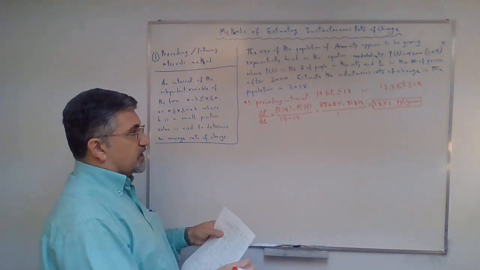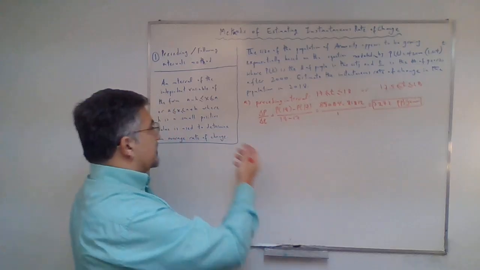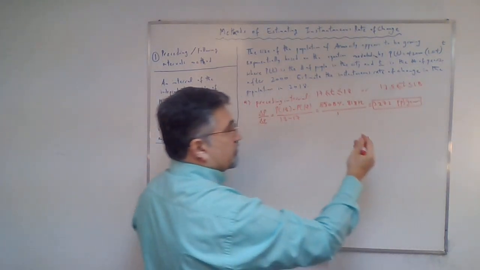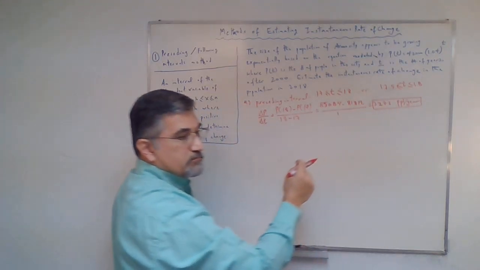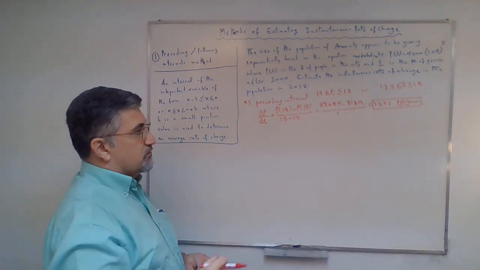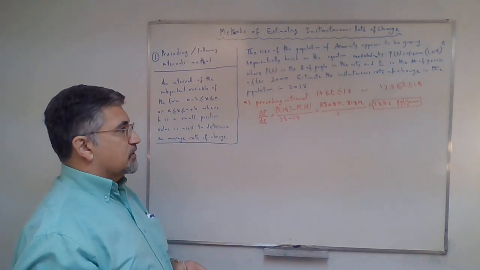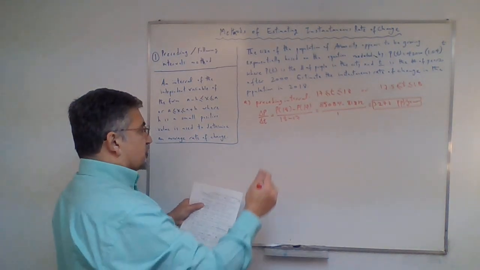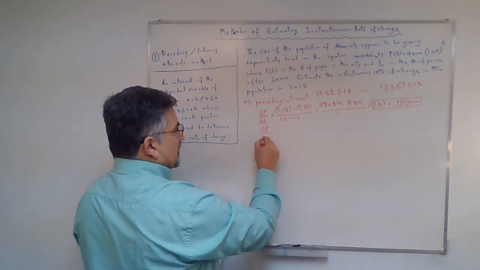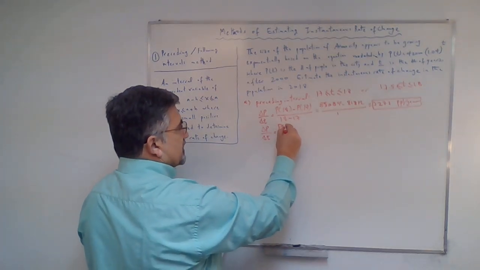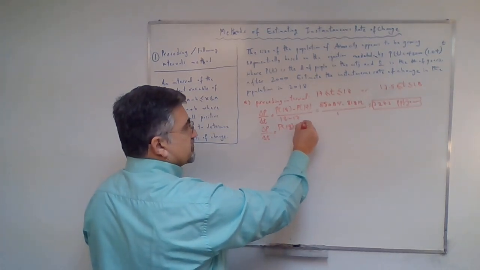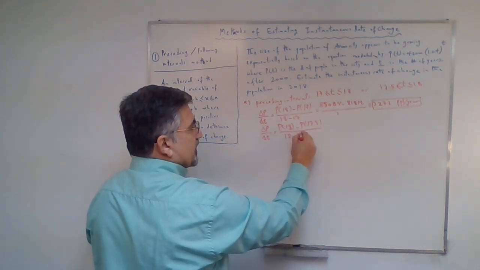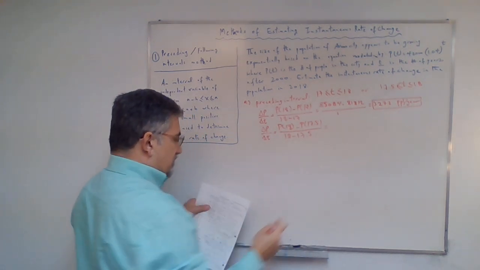But the thing is that, as I said, you could have selected a smaller h value, such as 0.5. So in that case, your lower bound would be closer to t. Instead of being 17, it will be 17.5. So the calculation would be the same, except that you would say p at 18 minus p at 17.5, and in the bottom you would have, of course, 18 minus 17.5.